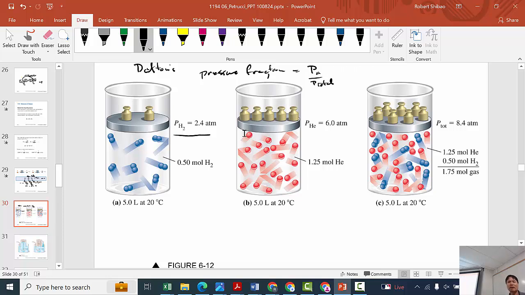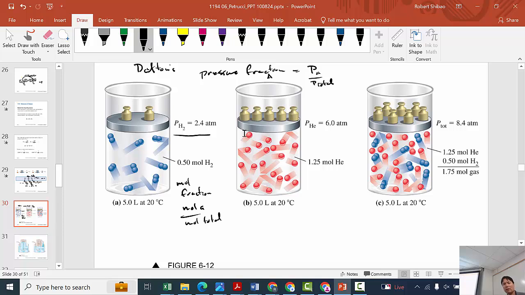So that would be the pressure fraction of A. The mole fraction would be the moles of A over moles total.